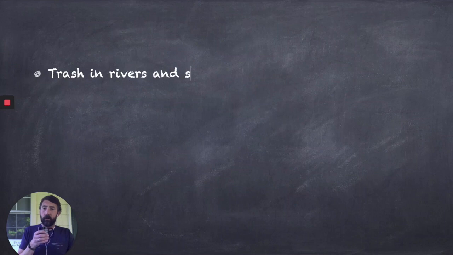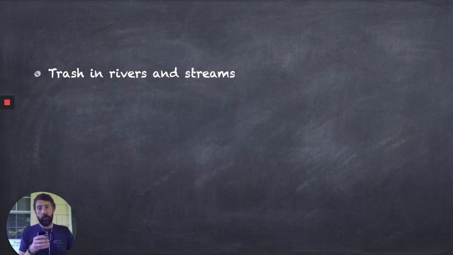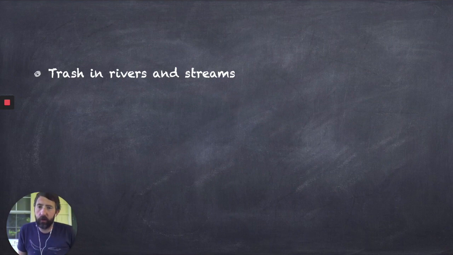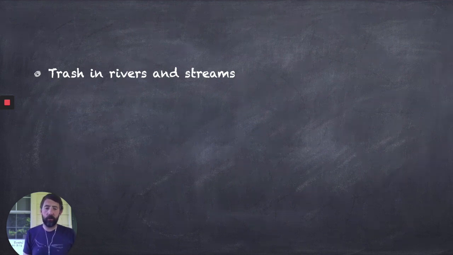Our first, for those of you who like to fish, trash in rivers and streams. And we'll talk through this one together. Trash in rivers and streams. Well, how did that trash get into the rivers and streams? Why is there trash in rivers and streams?